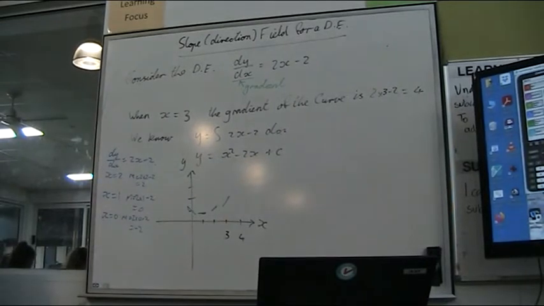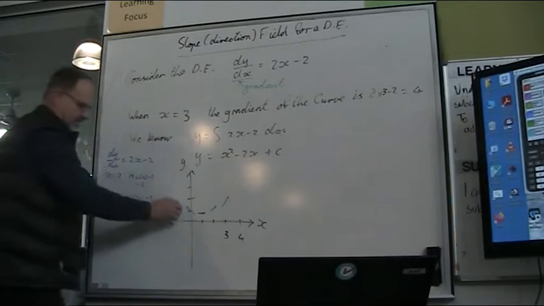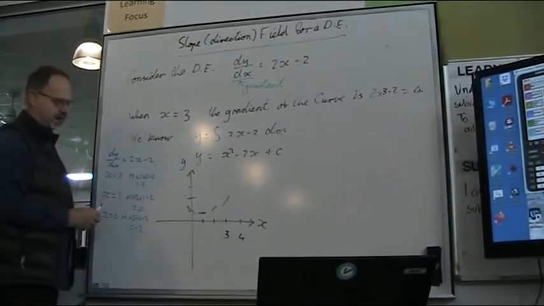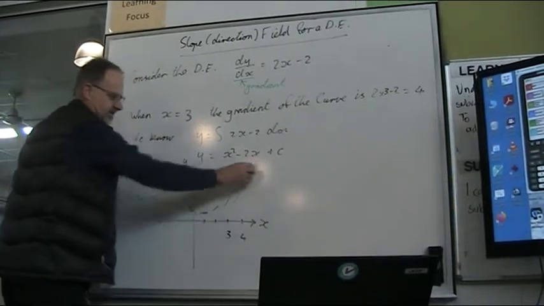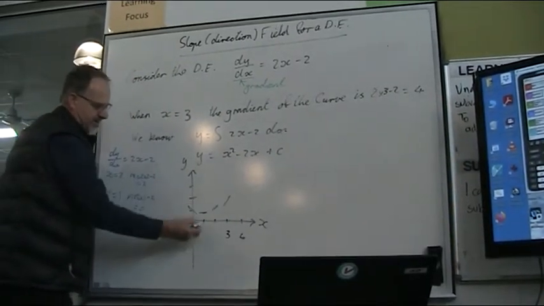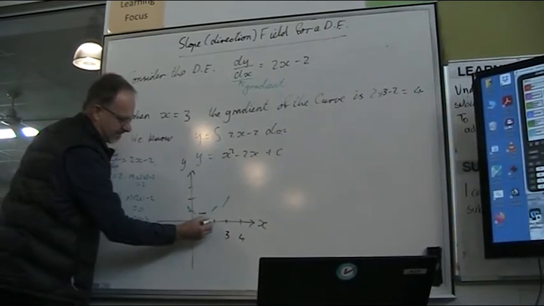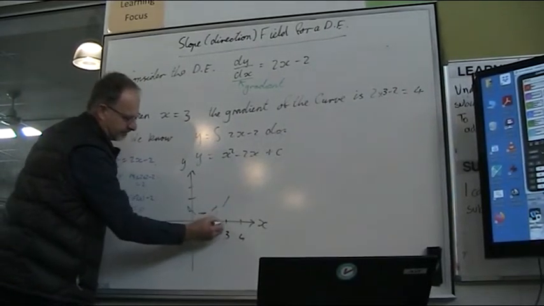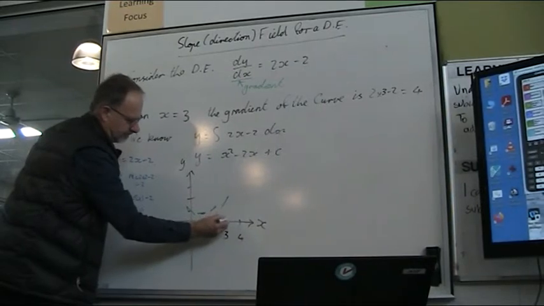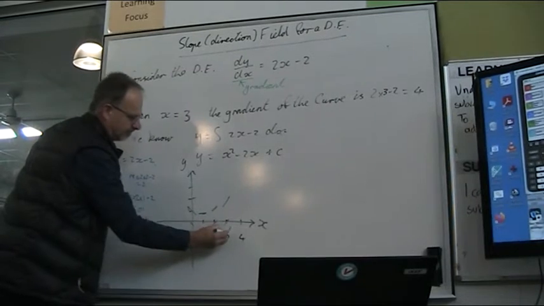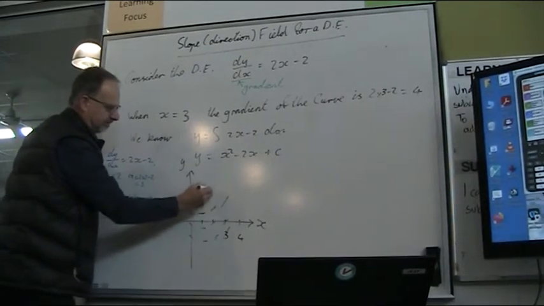But what we don't know is, when I've drawn it so that it looks like it's curving around there at that place, because we don't know this constant, we don't know whether it's there or whether it's down here a bit. Or whether it's down here a bit. Or whether it's up here.